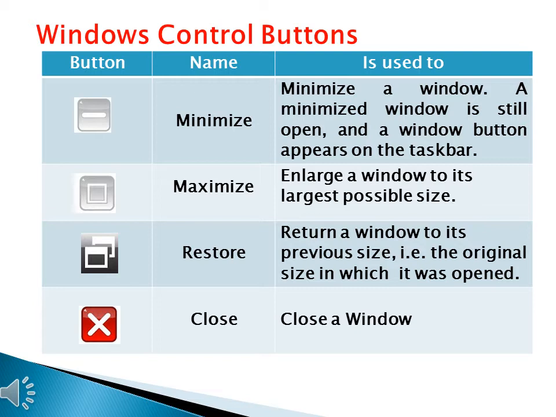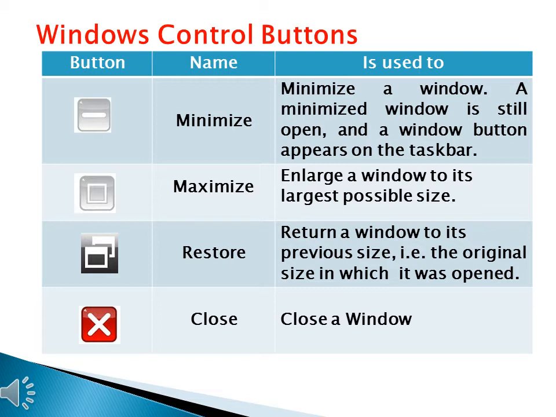The second one is maximize. The symbol is a square. If we want to enlarge our window to the largest possible size, that means in full screen, if we want our window or application, then we can use maximize. Next is the restore. In the restore symbol, two squares will be there.